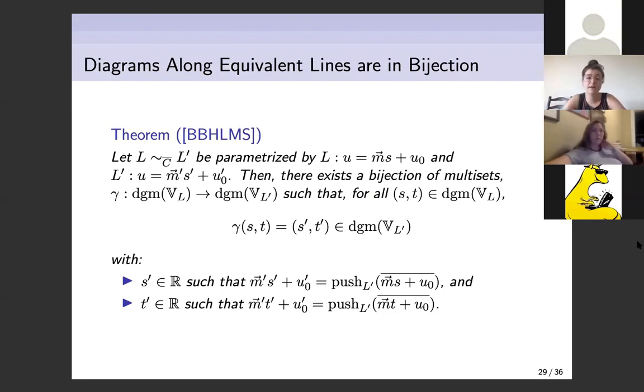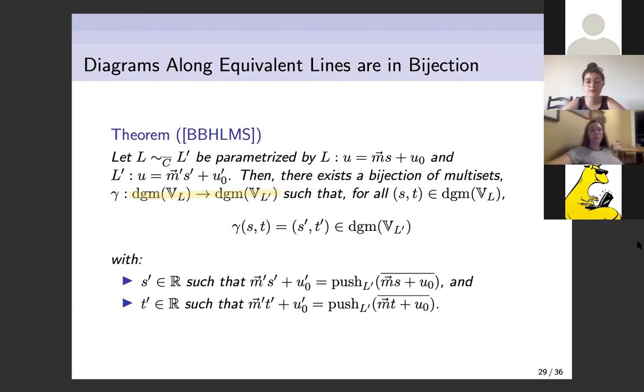And if L and L prime are in the same equivalence class with respect to C bar, then if we restrict the diagram of the module to both L and L prime, and this is how we denote it like this, we know that there is a bijection between the diagram of the module restricted to L and the diagram of the module restricted to L prime.